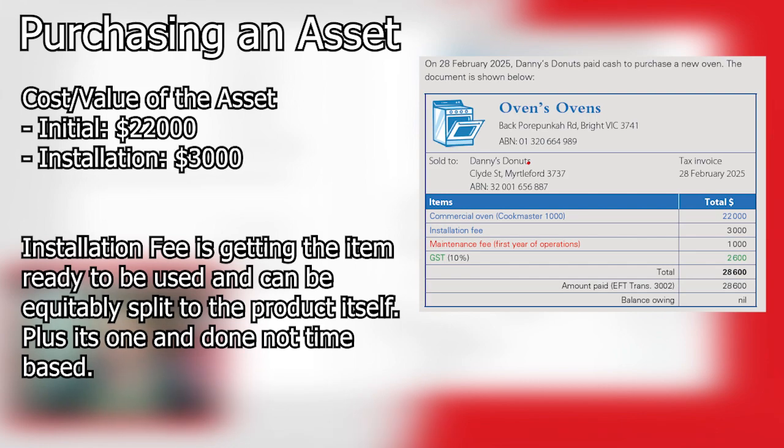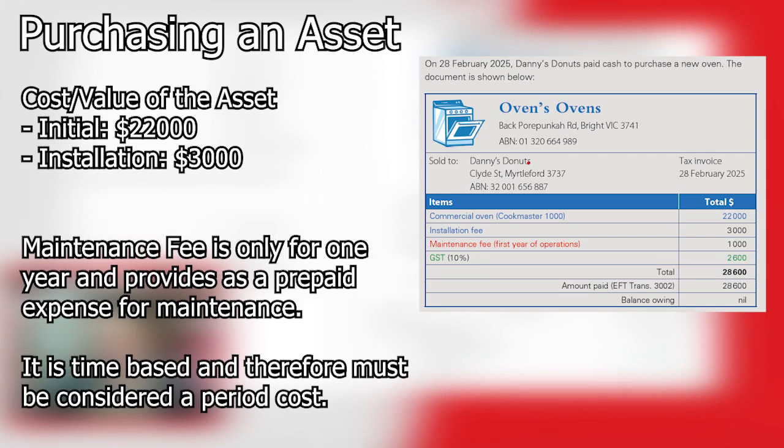Meanwhile, the maintenance fee is also for the oven, but only for 1 year. So the product cost will be the installation fee. Meanwhile, the maintenance fee would be a period cost because it's only for 1 year, not the life of the asset. Whereas the installation fee, once it's installed, it's there forever.